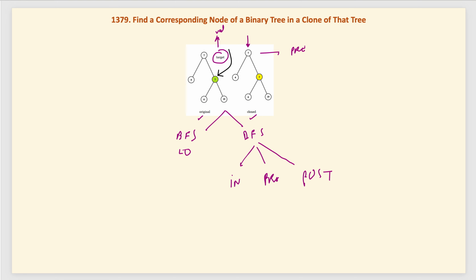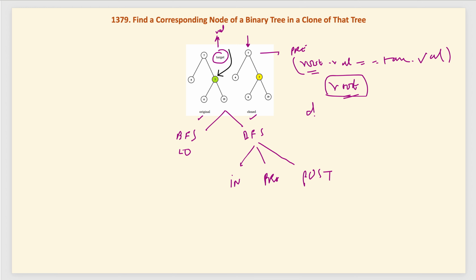Let's say this is the root node of our clone tree. We compare the values: if the value equals target dot value, we return this root node, the current reference the root is pointing to, which is our reference corresponding to the target node in the clone tree.